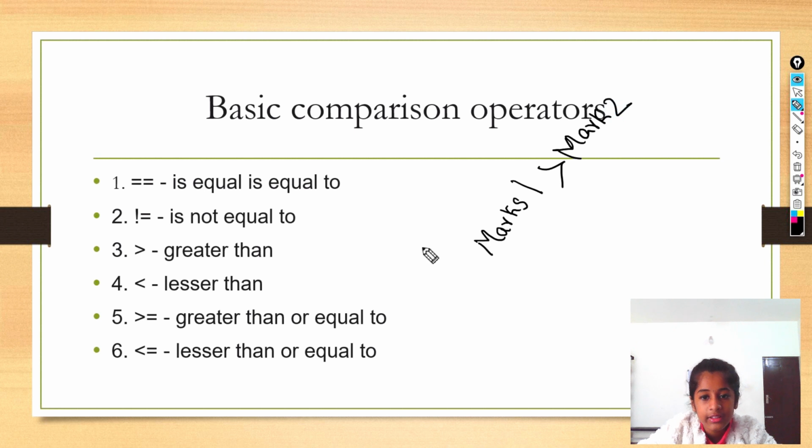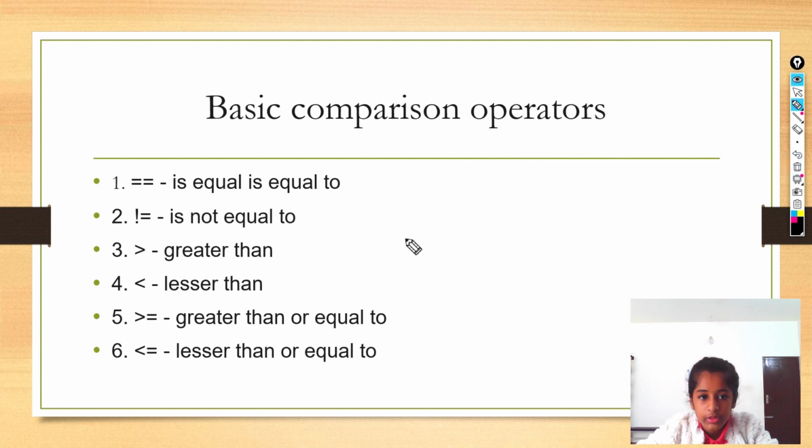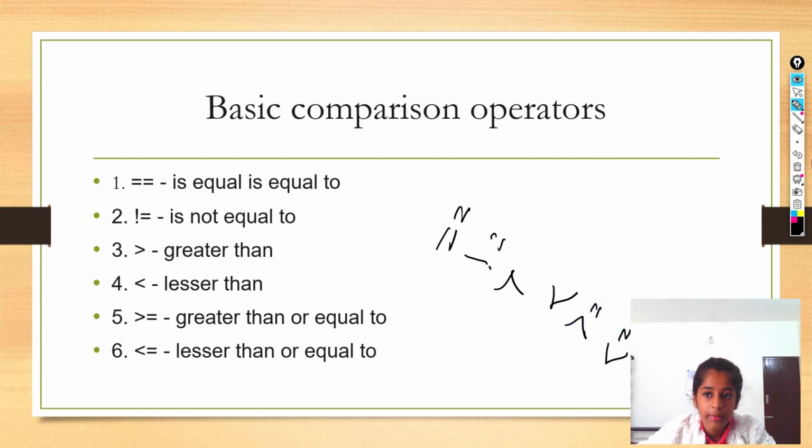So you're going to compare this mark with this mark. So this is a comparison operator. When you say is equal to, not equal to, greater than, lesser than, greater than or equal to, or lesser than or equal to, these are all the comparison operators. You use them to compare something.